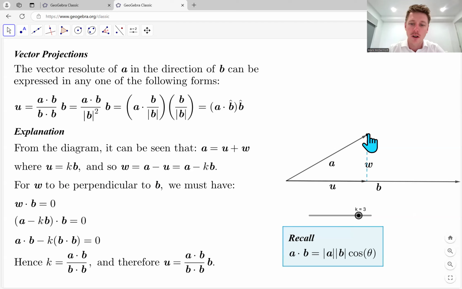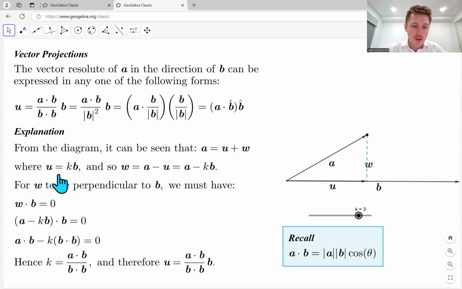Now we're doing vector subtraction, minus U. So negative U would point this way. By doing that vector subtraction, you would get the vector W, which would be the same length going there. So A minus U would give you W.